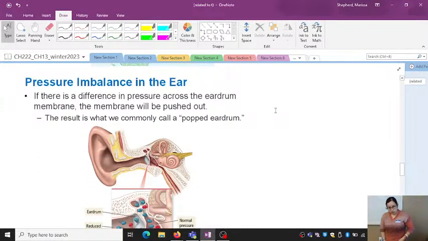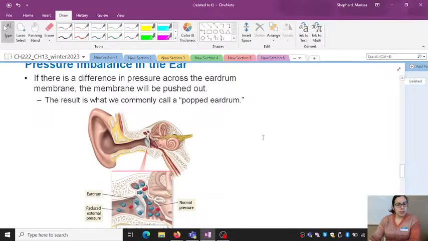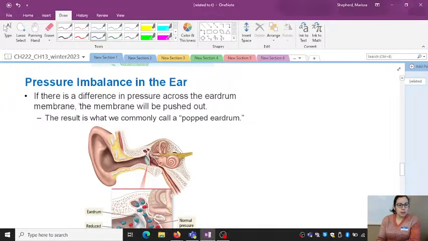And so, of course, pressure, if you've been in a plane before, or even just driving up and down around the Rogue Valley, sometimes you can get enough pressure difference from the elevation. If there is a difference in pressure across the eardrum membrane, the membrane will be pushed out, and that's what we refer to as a popped eardrum.